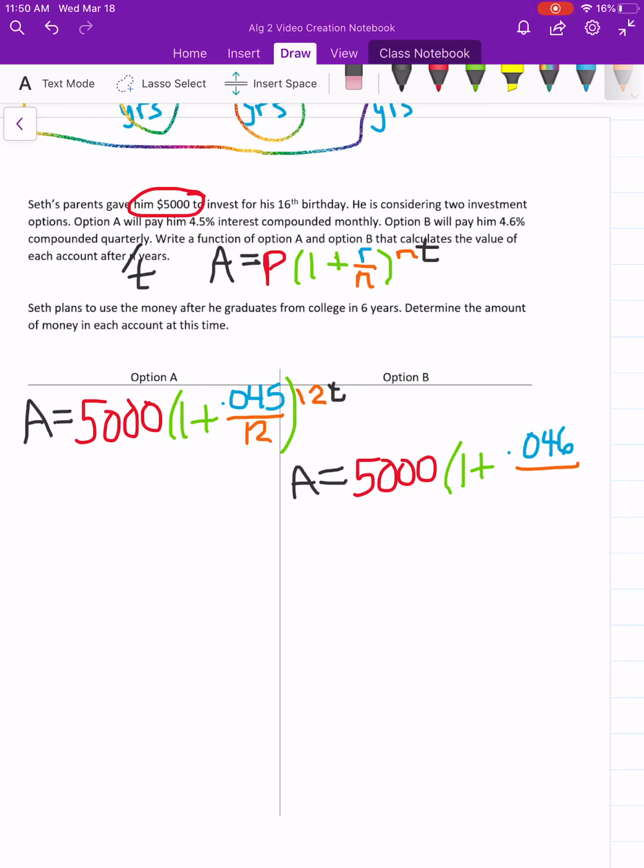So if it's being compounded quarterly, that means it's going to have 4 cycles every year, 1 for every season. Close the parentheses, and then we're going to put the 4 up here in the n place, and we're going to leave the t to mean number of years.